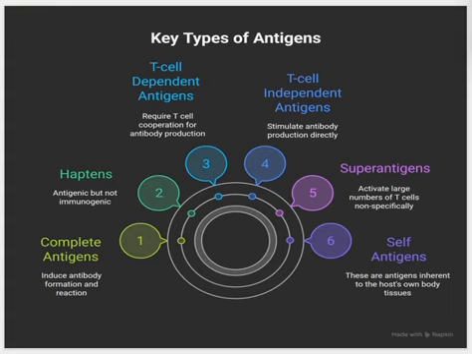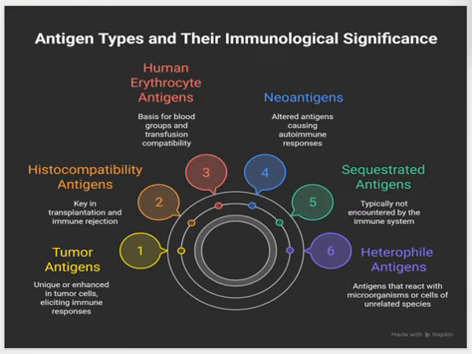Superantigens activate many T cells non-specifically, which can lead to intense immune reactions. Self-antigens are molecules on the surface of a cell that the immune system recognizes as belonging to the body, rather than foreign invaders. Heterophile antigens can react across species due to common structures.